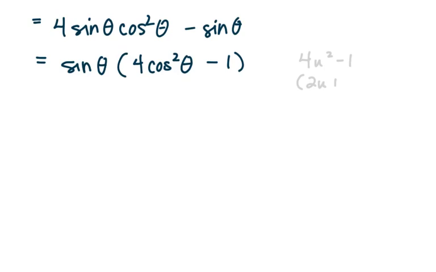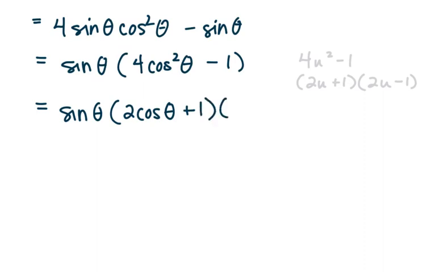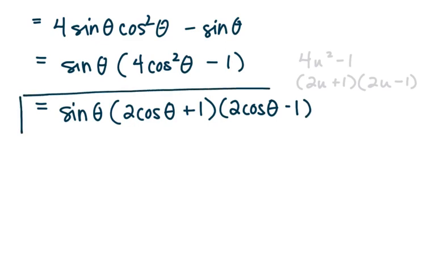That would be 2u plus 1, 2u minus 1. So really looking at simplifying this down as far as possible, I have sine theta times 2 cosine theta plus 1 and 2 cosine theta minus 1. And that, my friends, is what I'm going to leave as my final simplified answer.